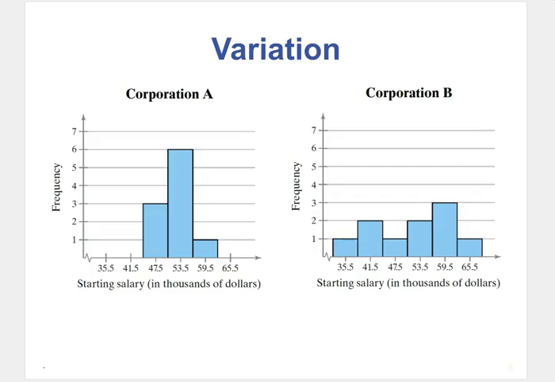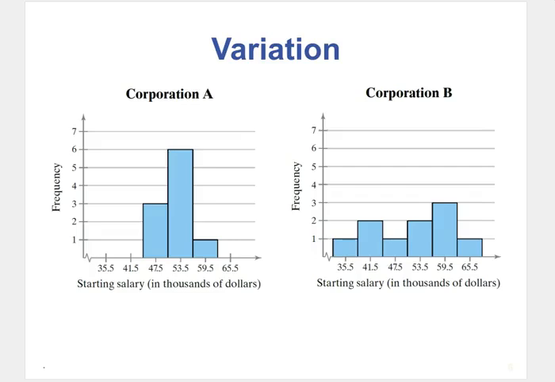And you get hired on by Corporation B, and they start you at $33,000, and you're like, wait, whoa, what just happened? And if you start with Corporation A, they might start you at $47,000. Big difference. So knowing how varied those starting salaries are might also affect your decision to go work for either of these corporations.